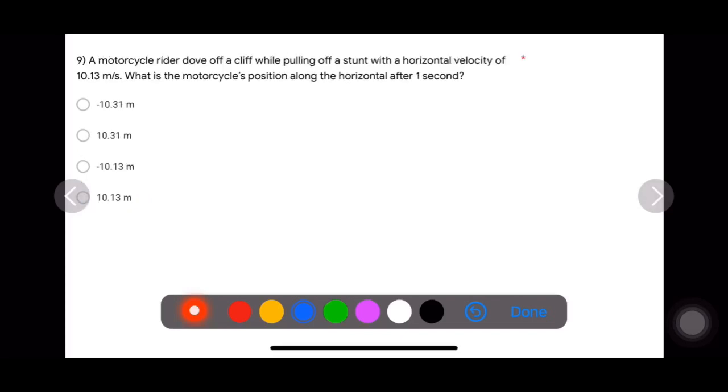Okay, let's go to the last number. We have here a motorcycle rider who dove off a cliff while pulling off a stunt with a horizontal velocity. So you have a horizontal velocity, that is VIX, 10.13. What is the motorcycle's position along the horizontal after 1 second? Okay, so let's visualize what's happening. There's a cliff. So we have here a motorcycle rider and then he dove off a cliff.